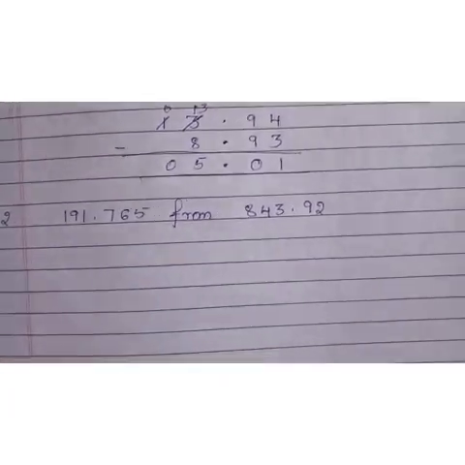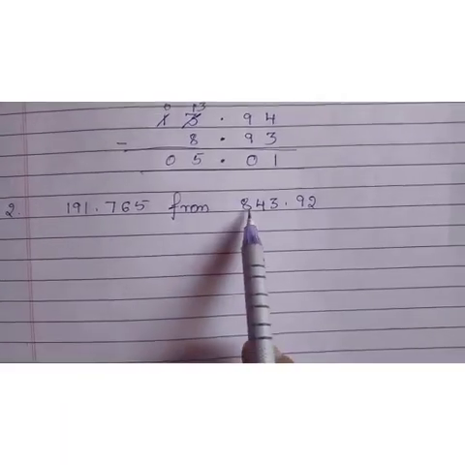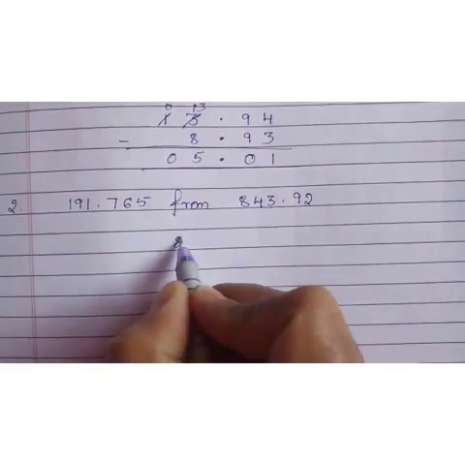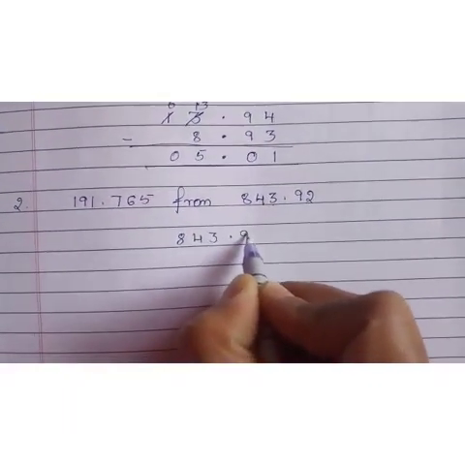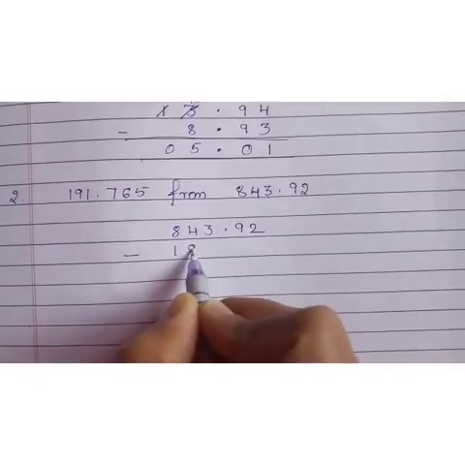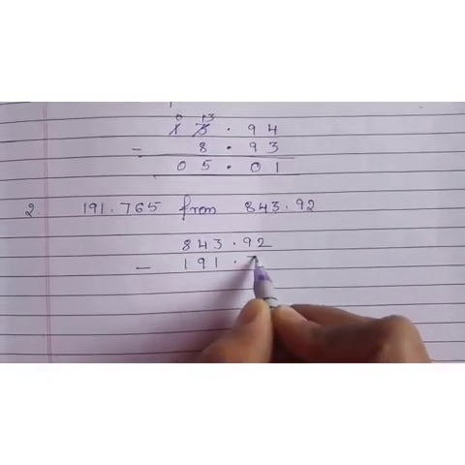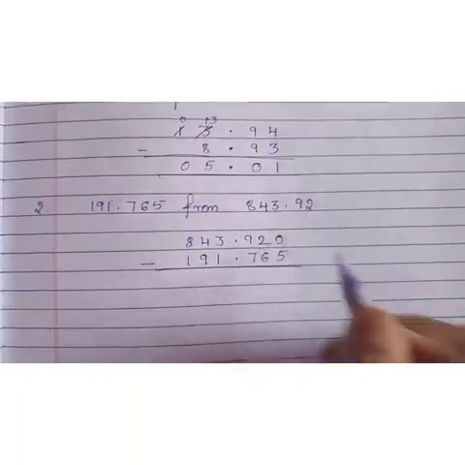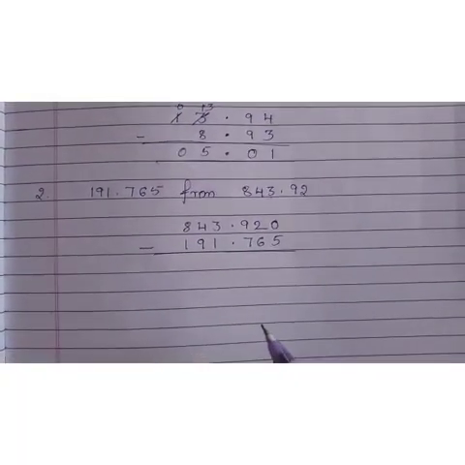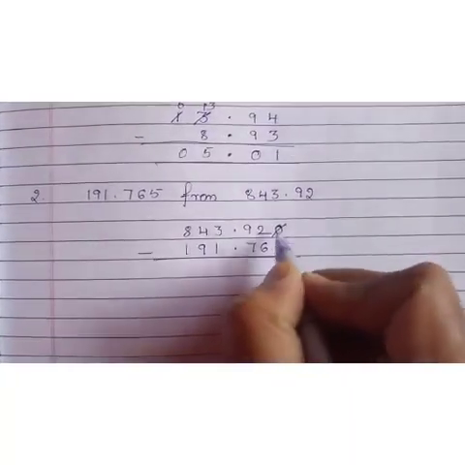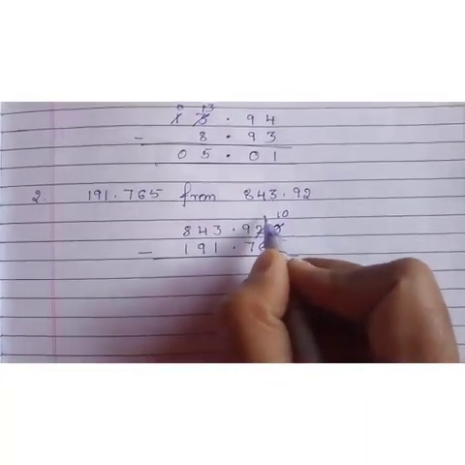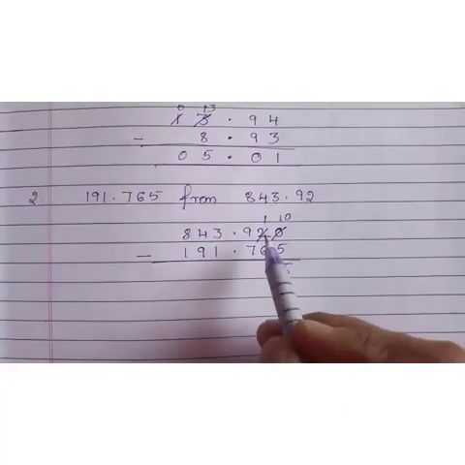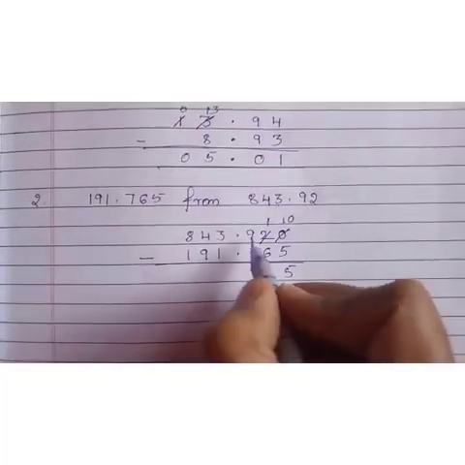Next example, 191.765 from 843.92. So first write down this number. It is 843.92 minus 191.765. Now children, make this as 0 so that both become like fractions. Now this 0 becomes 10. 2 will be 1. Next 10 minus 5 is 5. So can you subtract 1 from 6? No. So what you will do?